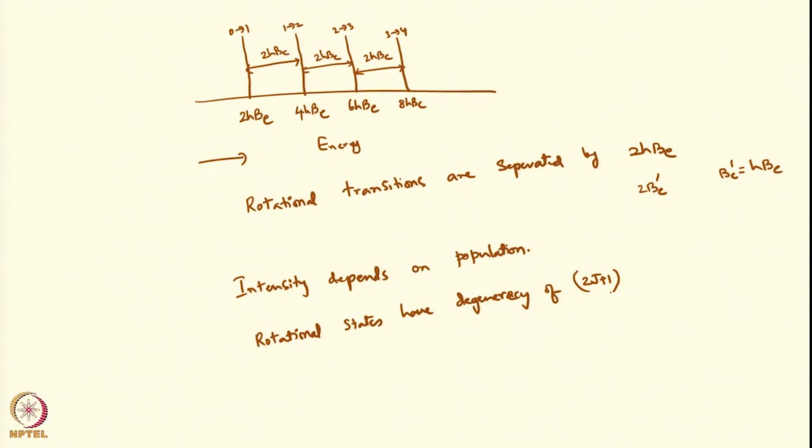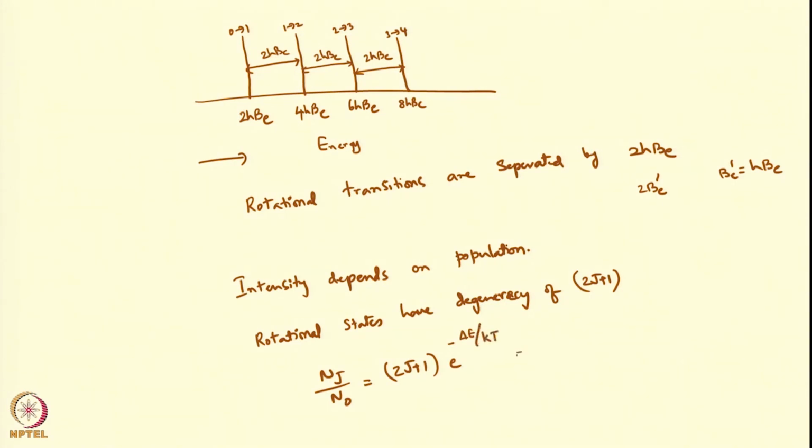So now what happens is that your N_J by N_0, the population, will be equal to 2J plus 1 multiplied by e to the power of minus delta E by kT.